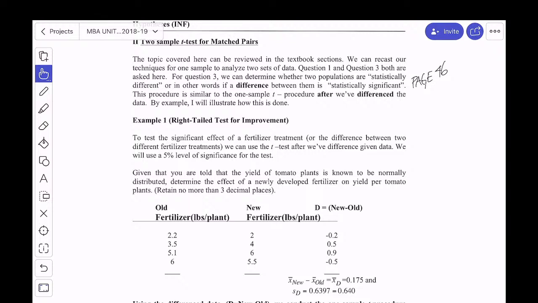But if your 2 samples are related, if they're dependent on each other, in other words, they're not independent samples, you can combine them to make a single sample called the differenced sample and analyze it just the same that we've done all along.